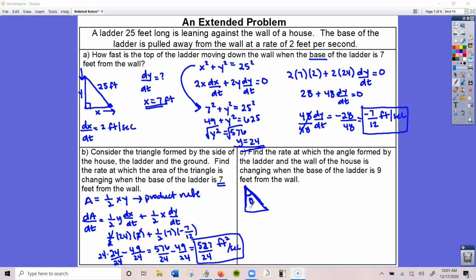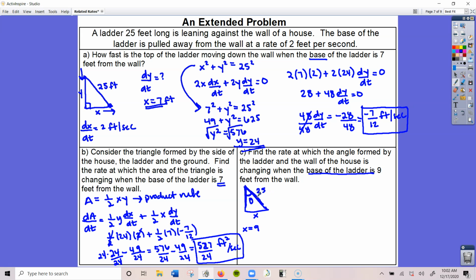Now remember that the base from the ladder to the wall, the base of your triangle, is always changing. So I'm labeling that as x, and we want to know the angle when the base of the ladder is 9 feet from the wall. So we want to know when x is equal to 9. And the ladder, no matter what, does not change, so this is still 25.